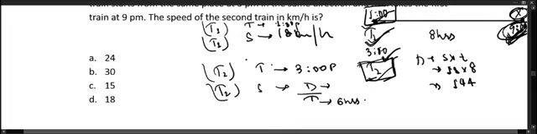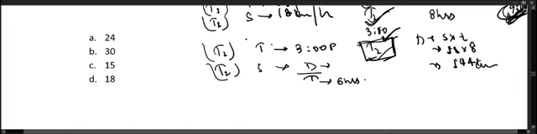The speed of train 1 is 18 km per hour and the time is 8 hours. 18 into 8 is equal to 144. So the distance that has been covered by train 1 is 144 kilometers.